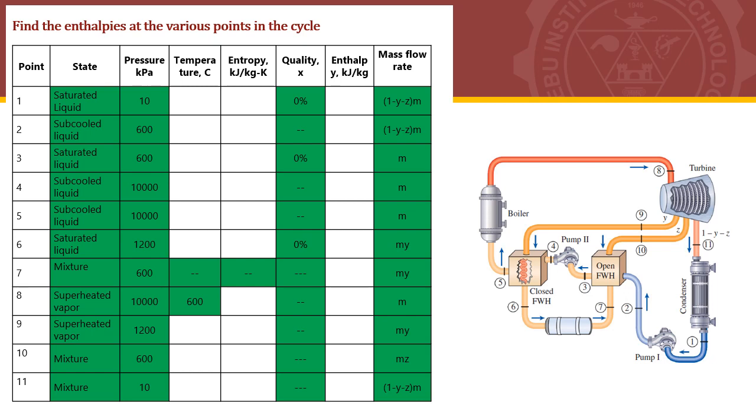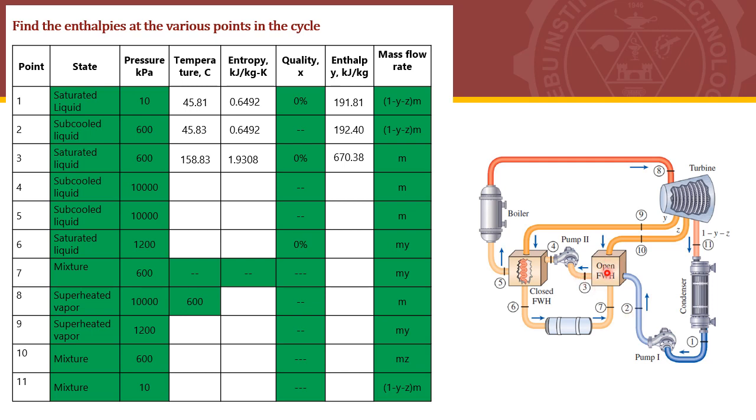First, we're going to get the enthalpy at point 1 using saturated liquid at 10 kilopascal. Then process 1 to 2 is compression by the pump, so that's an isentropic process. So we can also get the properties at point 2. Then we'll also get the properties at point 3, since point 3 is saturated liquid.